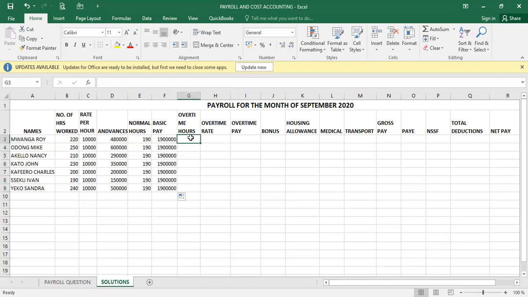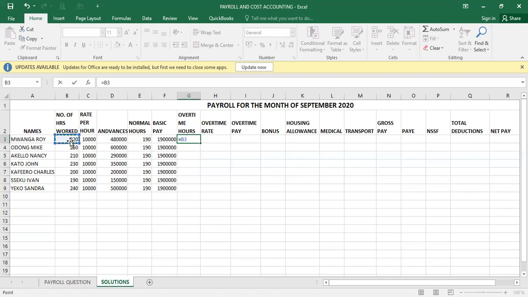So we can compute our overtime, but here we are computing the overtime in terms of hours. We want to first know the hours we've spent, then from there we can multiply by our hourly rate. We start with the equal sign, then the number of hours every employee has worked.